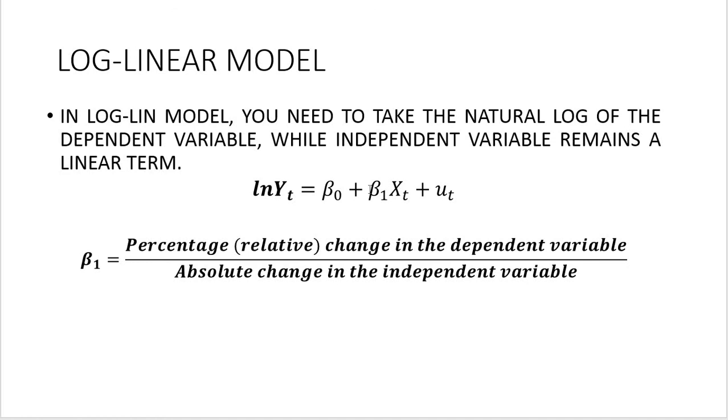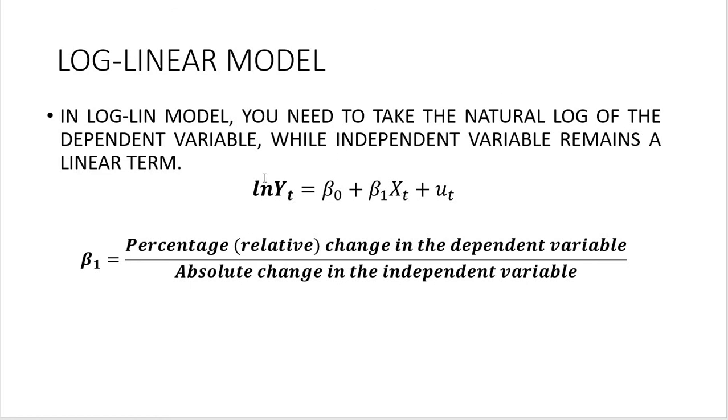So how do you interpret the coefficients? In our case, beta 1 will show you the percentage change in the dependent variable if x increases by 1 unit.